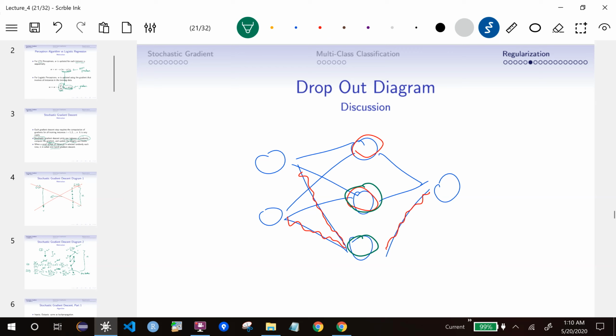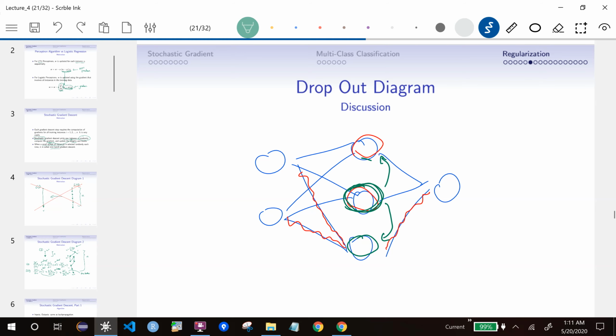Then what it means is how this particular unit works does not depend on the fact that that one is working, and also it does not depend on the fact that the other one is working. So this is basically working independently to do the best job. So the resulting model, as I explained, will be a bit better and more general.